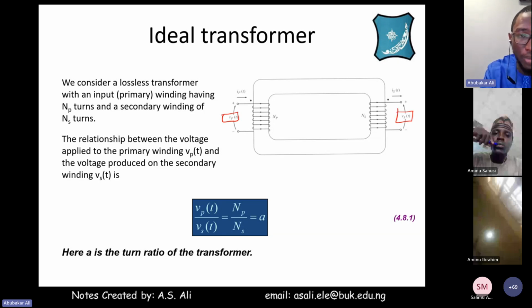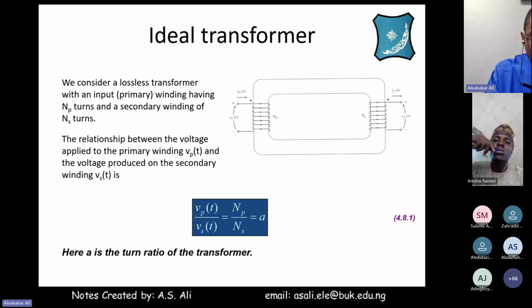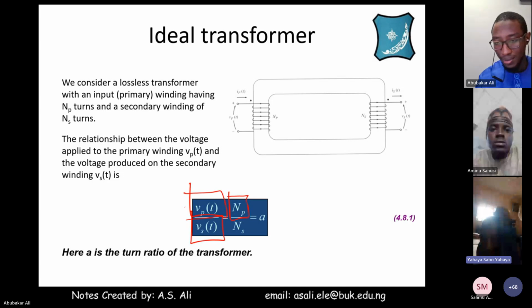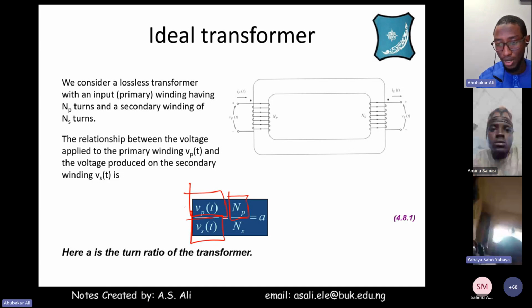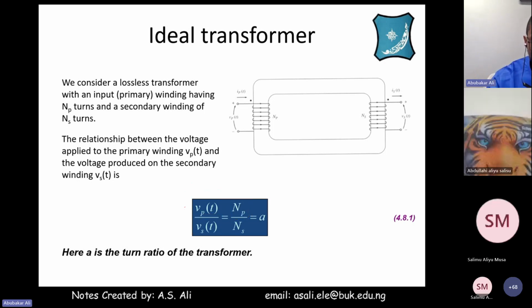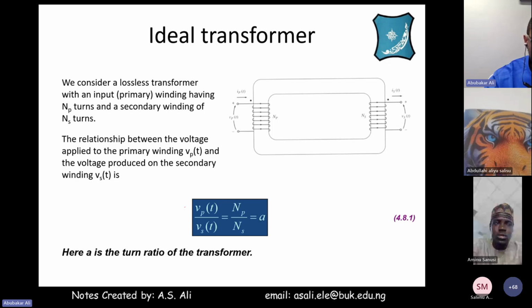If a transformer behaves in this way, you can call it an ideal transformer, and this ratio we call the turn ratio.